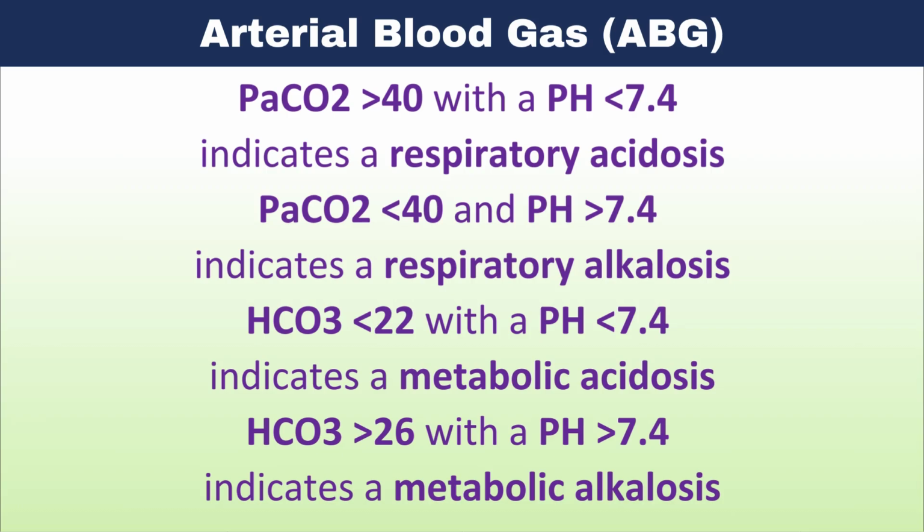Partial pressure of carbon dioxide less than 40 and a pH more than 7.4 indicates respiratory alkalosis. Bicarbonate less than 22 with a pH less than 7.4 indicates metabolic acidosis. Bicarbonate more than 26 with a pH more than 7.4 indicates metabolic alkalosis.